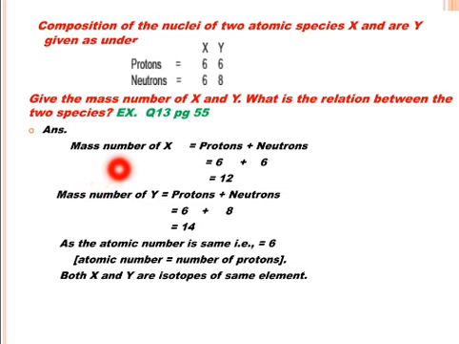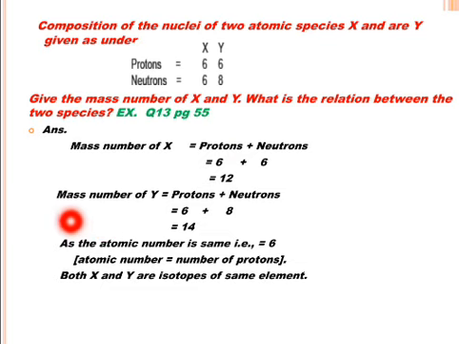Students, we can calculate the mass number of X by adding the number of protons and the number of neutrons. The number of protons of X is 6 and the number of neutrons is also 6, as you can see from here. It comes out to be 12. So the mass number of X is 12.